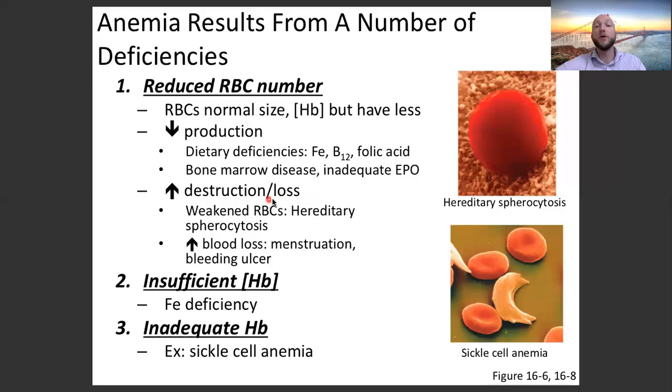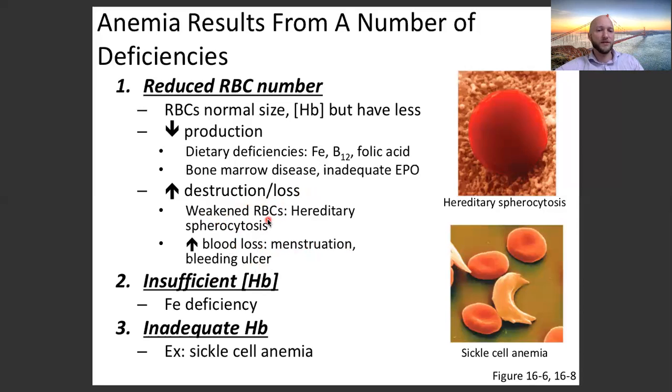Increased destruction or loss. Now, how would you lose red blood cells? Well, bleeding, so blood loss, menstruation, ulcers. And it really doesn't take a lot of blood loss. A very small amount of blood loss, like during menstruation, can cause some anemia.